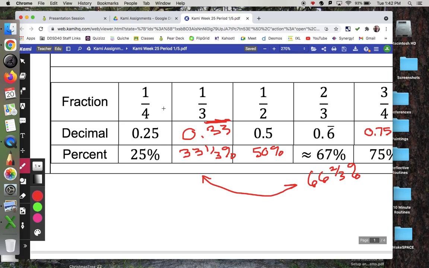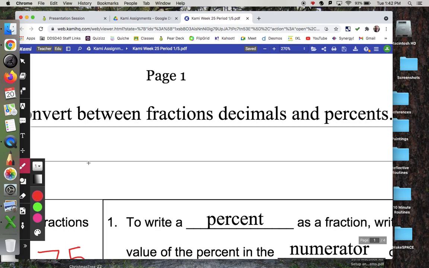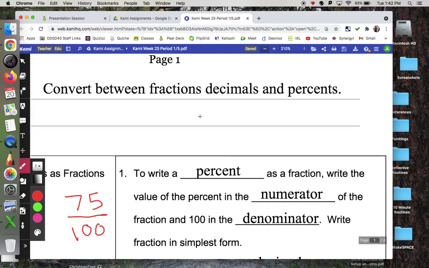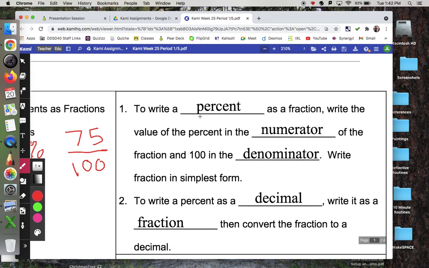Let me go up to the top. And so our goal is to, let's zoom out just a little bit. The goal is to convert between fractions, decimals, and percents. So to write a percent as a fraction, write the value of the percent in the numerator of the fraction and 100 in the denominator, and write it in simplest form.